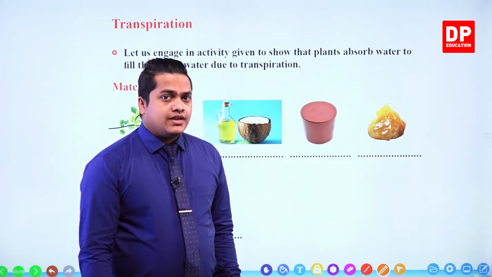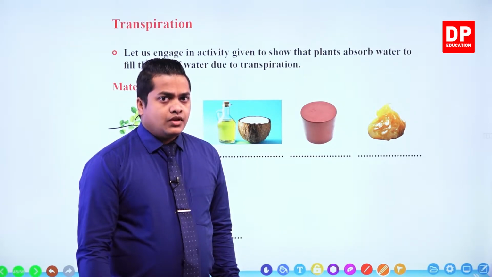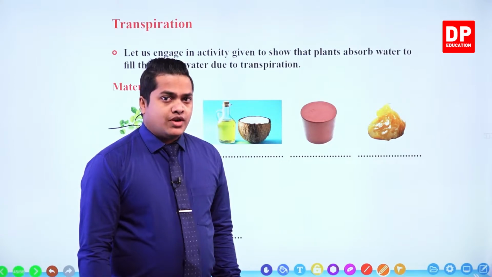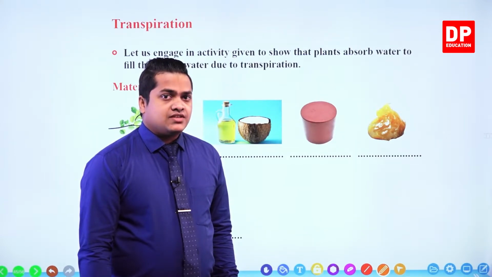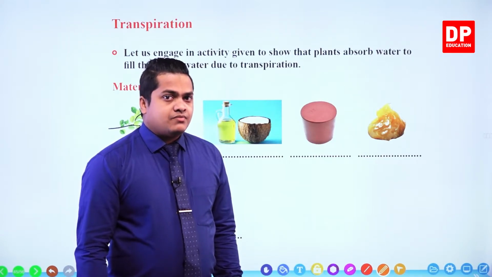Okay, the topmost aerial part is the best branch to take. I'm talking about the shoot apex. The area which has the shoot apex would be the perfect one for this experiment.